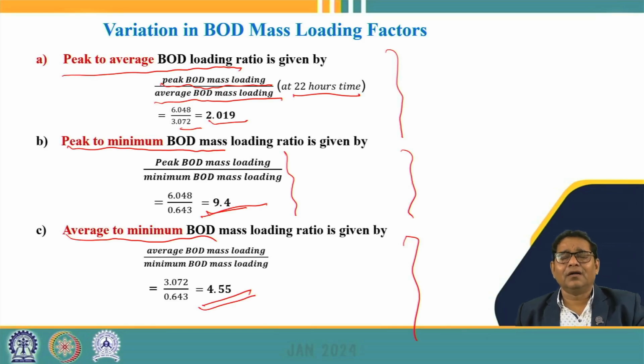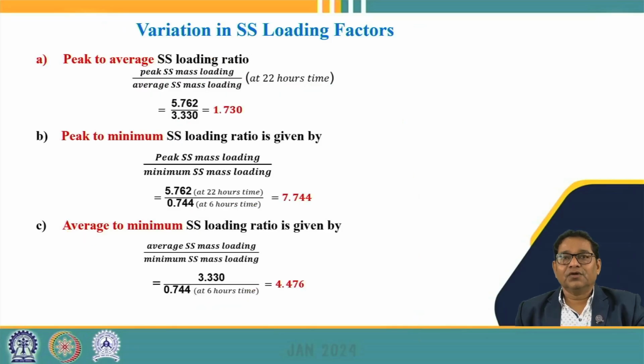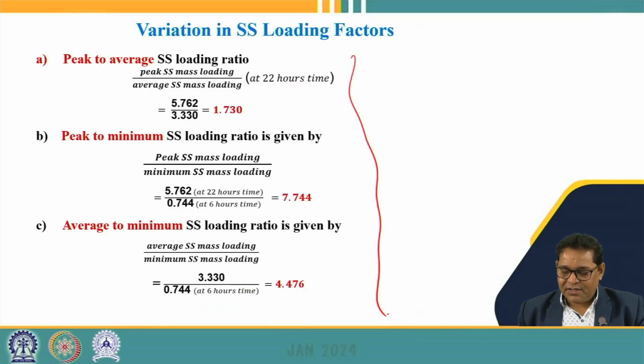So there is a lot of fluctuation in the mass loading rate, and you know that biological treatment systems are designed to offer a more uniform concentration. If there is a lot of fluctuation in the loading rate, they do not work properly and their process efficiency gets reduced.